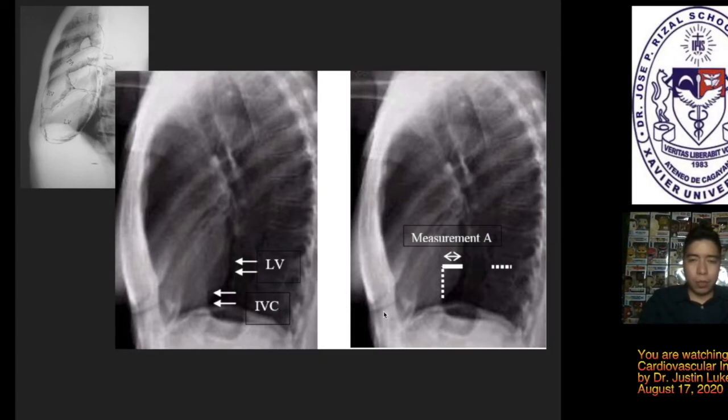What's important to note is, again, your film must be taken in true lateral, like in this example. The outline of the vertebral bodies must be clear, and your ribs should superimpose with each other on both sides. So this is a perfectly taken lateral view.